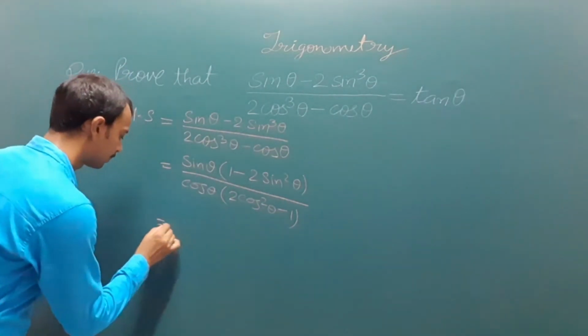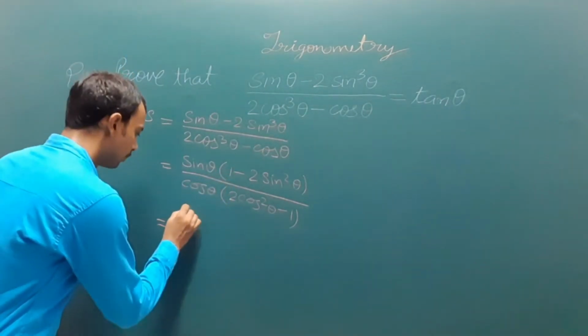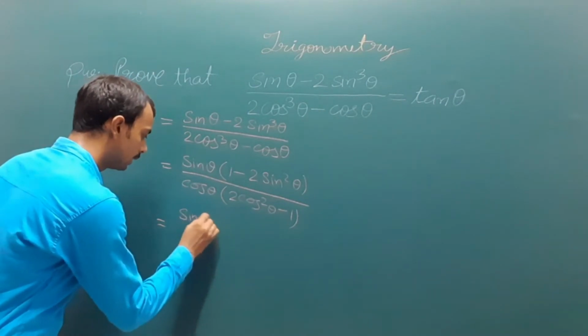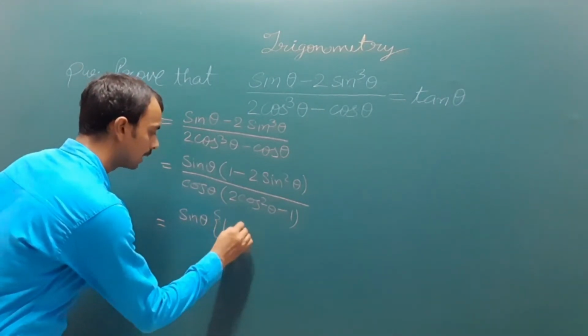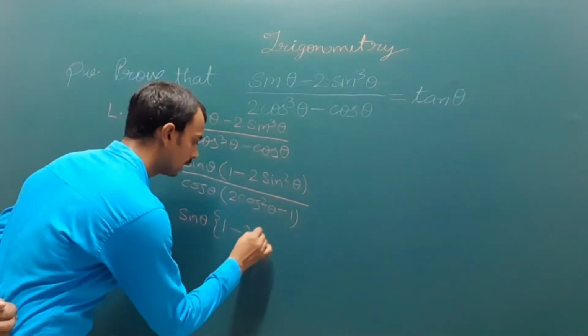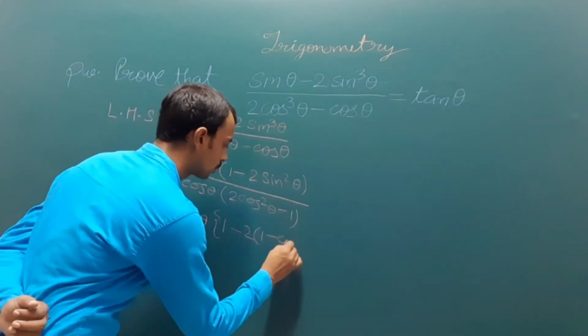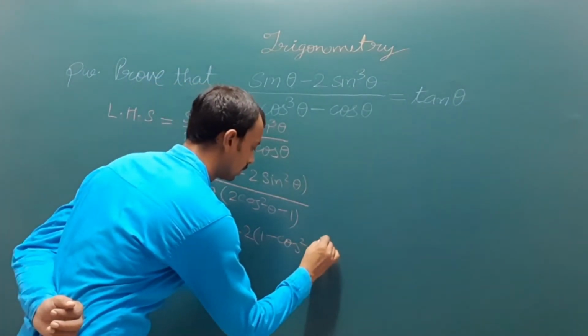Now here I can write sin theta under bracket 1 minus 2 sin square theta, and at the place of sin square theta I can write 1 minus cos square theta, isn't it?